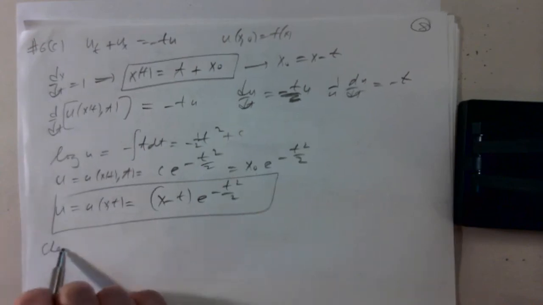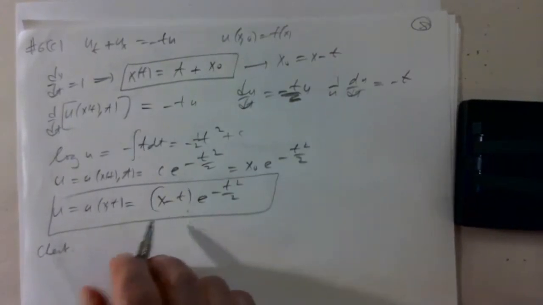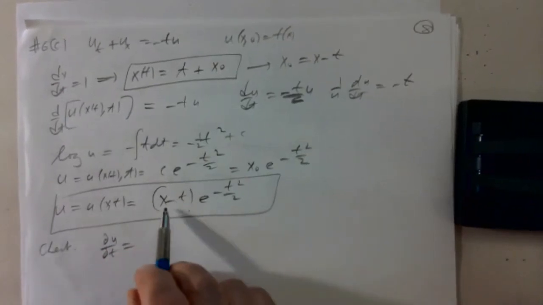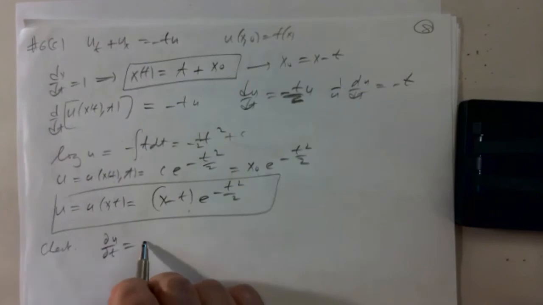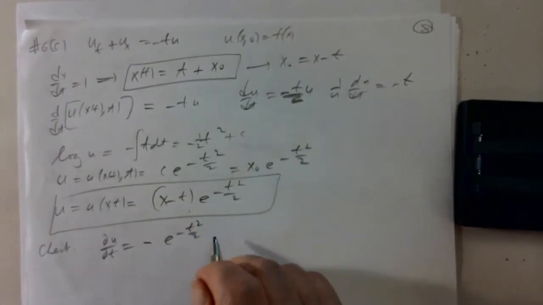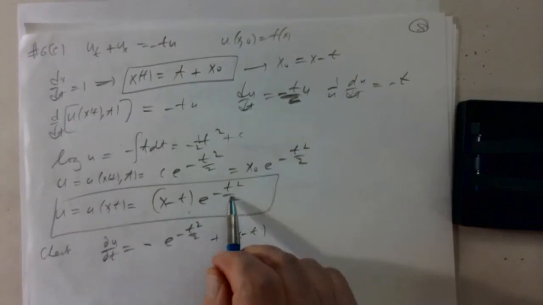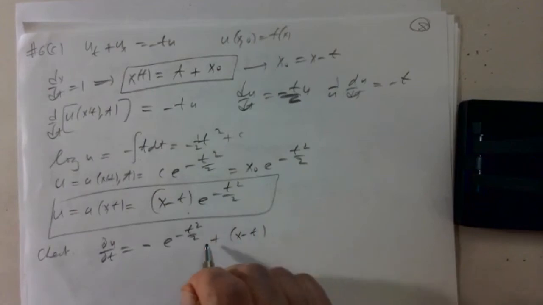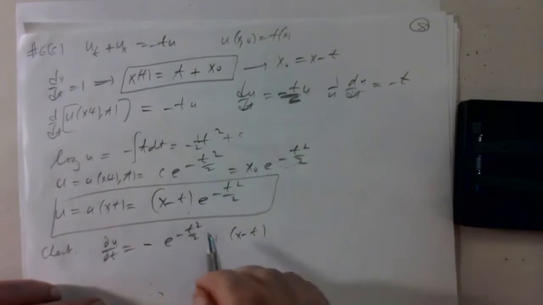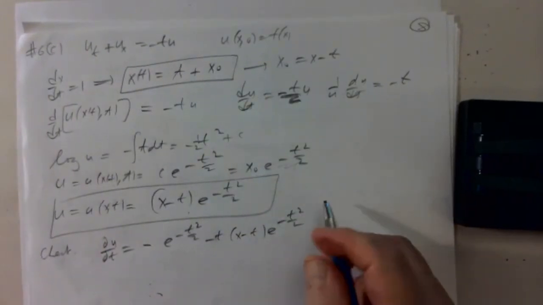Let's just check. Here's my function u. Partial of u with respect to t is the derivative of this with respect to t, which is minus f' times e to the minus t squared over 2, plus f of x minus t times the derivative of this with respect to t, which gives me a minus t e to the minus t squared over 2.